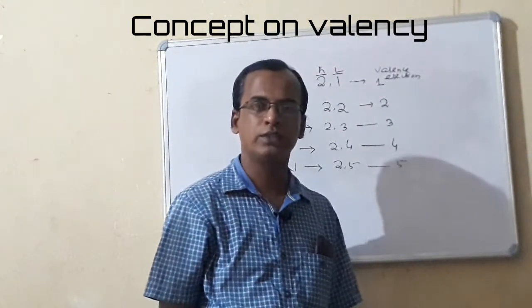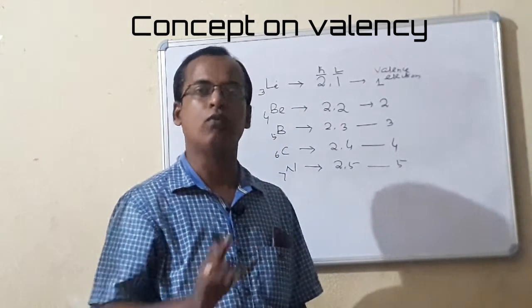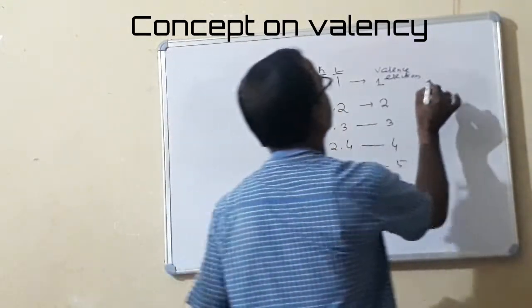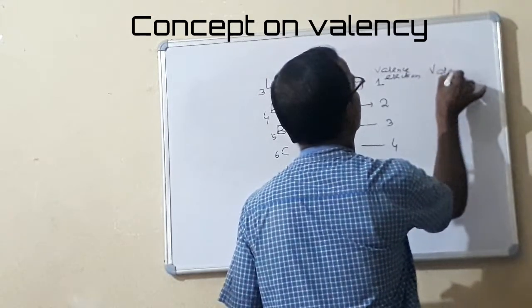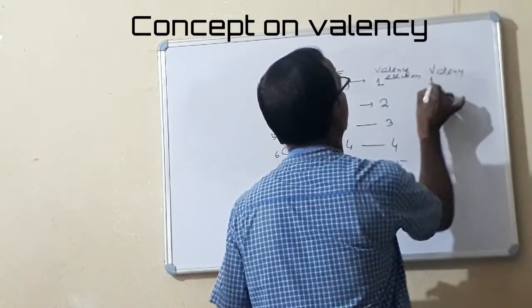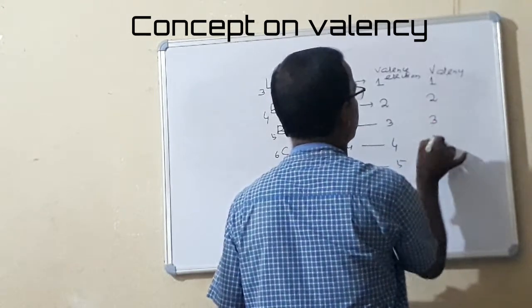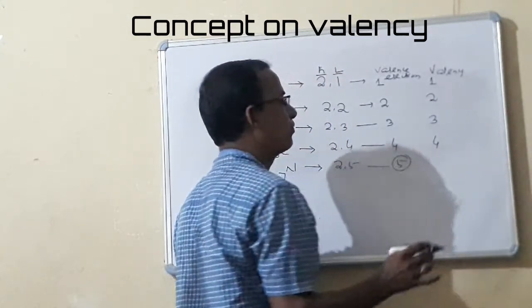Valency is defined as the number of electrons in the outermost shell of an atom, the valence electrons. So here the valency is 1, here 2, in this case 3, in this case 4, but in nitrogen the valency is not 5.